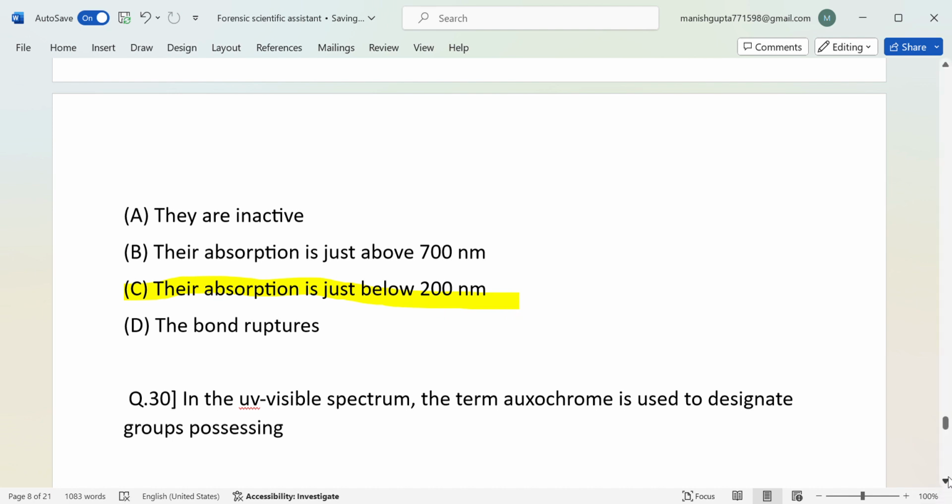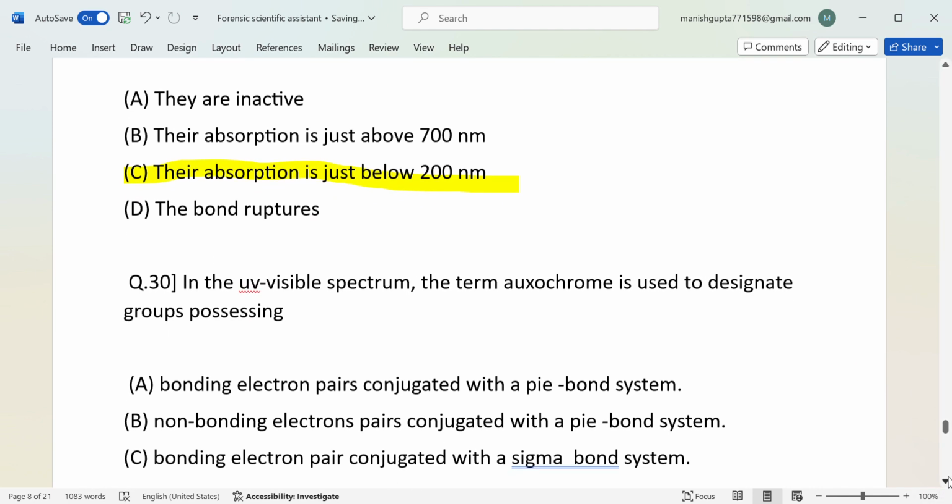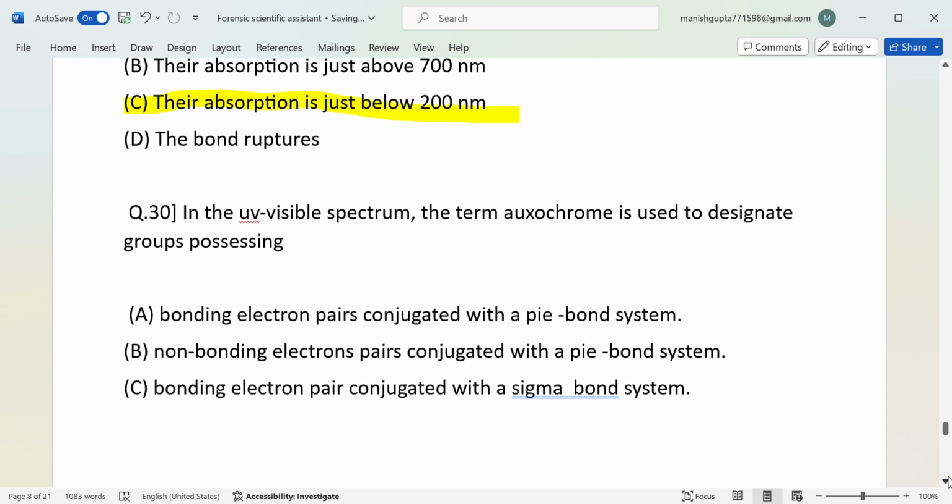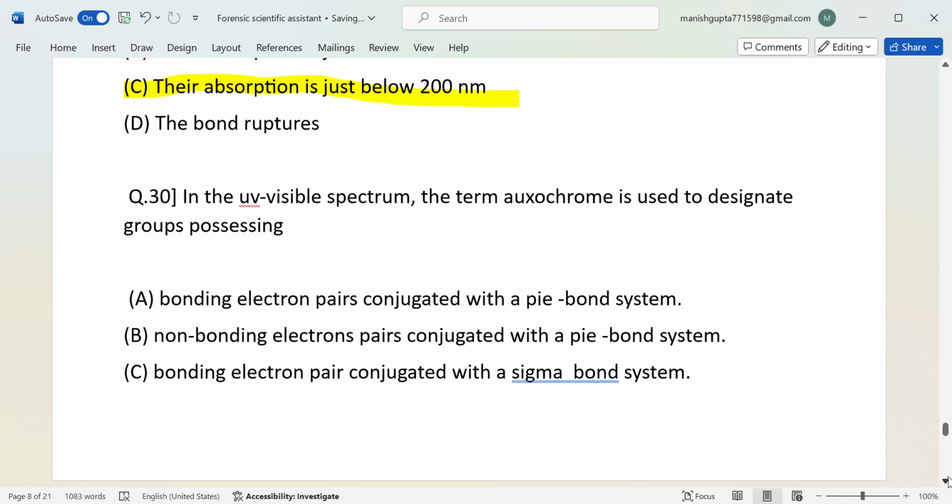Now we are going to see question number 30. In the UV visible spectrum, the term auxochrome is used to designate groups possessing dash. Option A, bonding electron pairs conjugated with a pi bond system. Option B, non-bonding electron pairs conjugated with a pi electron system.